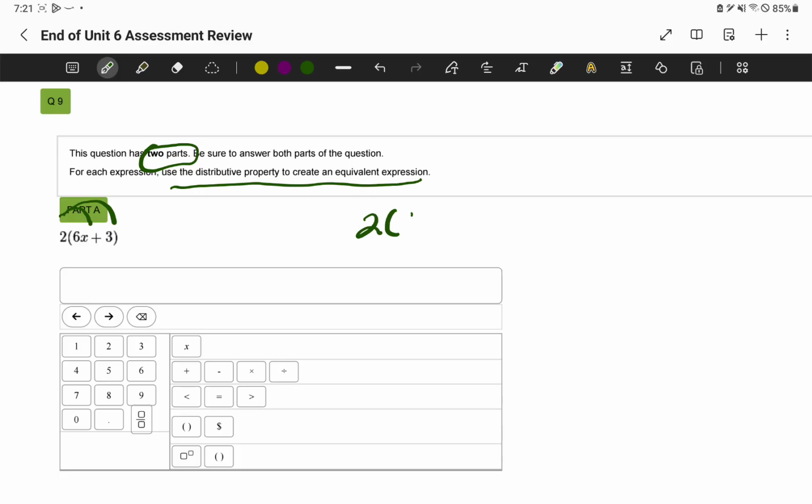Well, 2 times 6 is 12x. Then 2 times 3. That's 6. This was a plus sign, so plus. And we're done. That's it. Take what's outside, multiply it by what's inside.